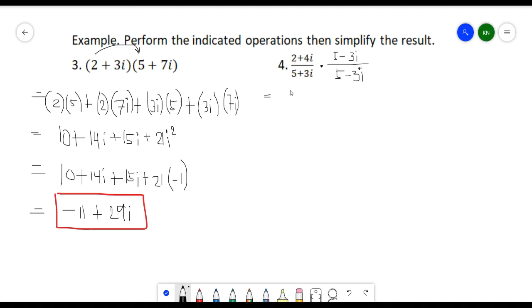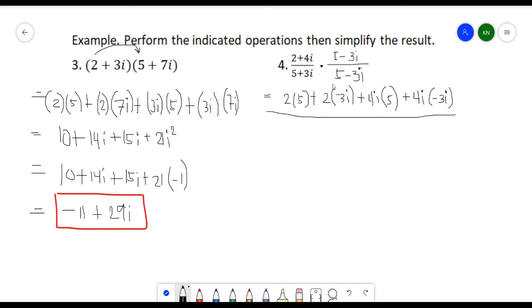So we have 2 times 5 plus 2 times -3i plus 4i times 5 plus 4i times -3i.